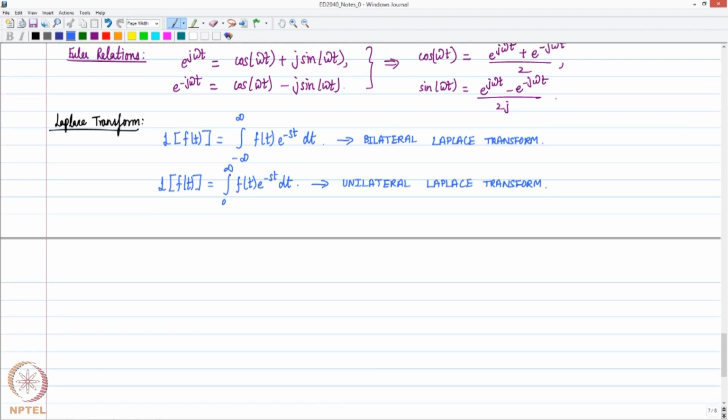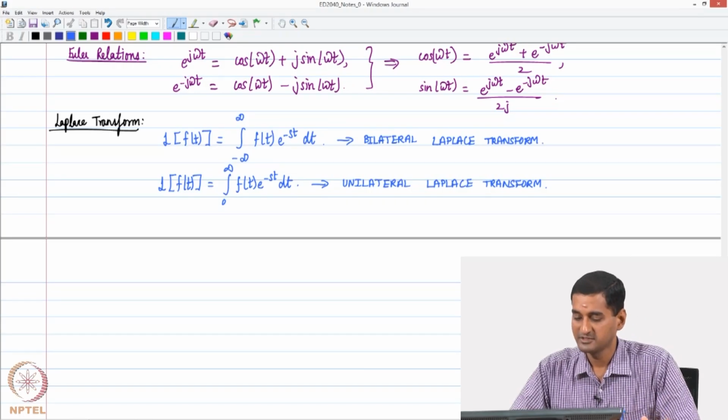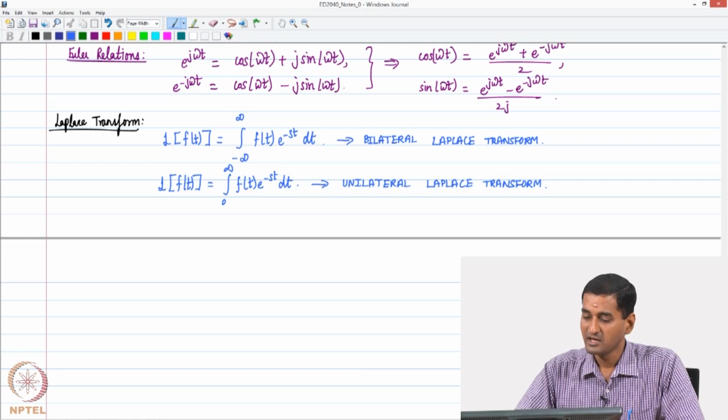And there is something called the inverse Laplace transform, which essentially maps any given function in the complex domain back to its function in the time domain. But typically we calculate the inverse Laplace transform using partial fraction expansion rather than using the definition per se. That is what we are going to follow in this course also.